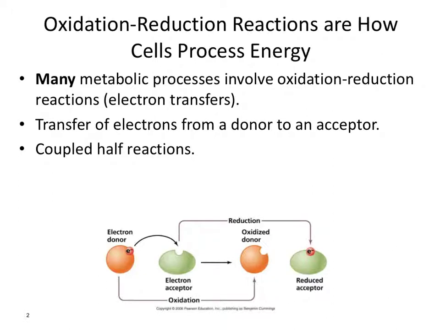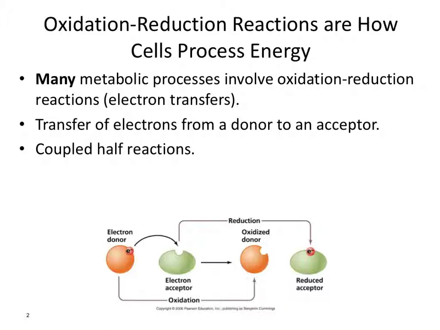So, oxidation-reduction reactions are ultimately how cells process energy. Many metabolic processes involve oxidation reduction or redox reactions. These are reactions involving electron transfer from an electron donating molecule to an electron accepting molecule.